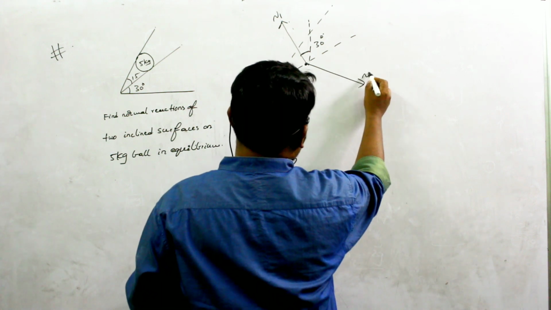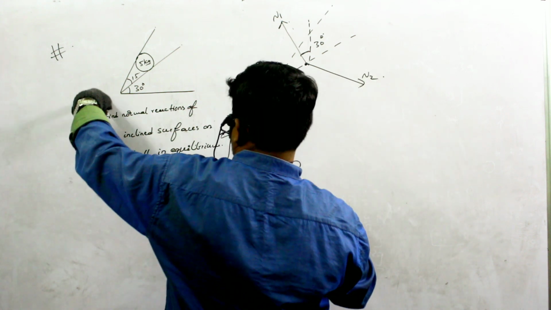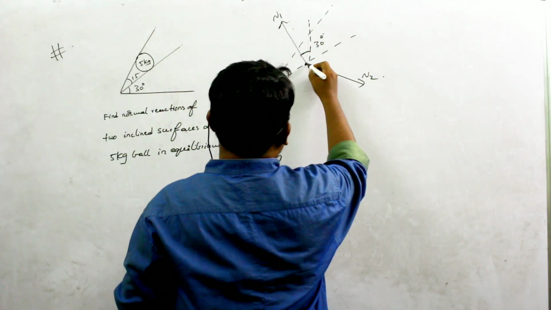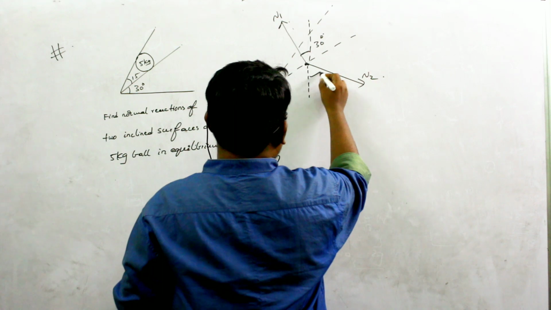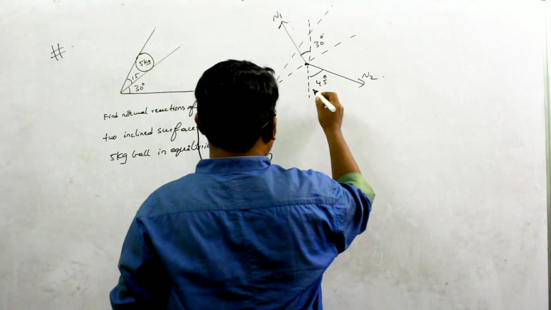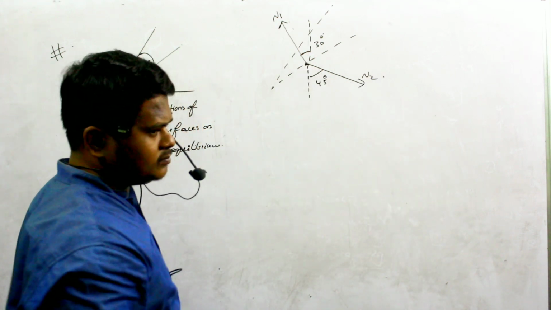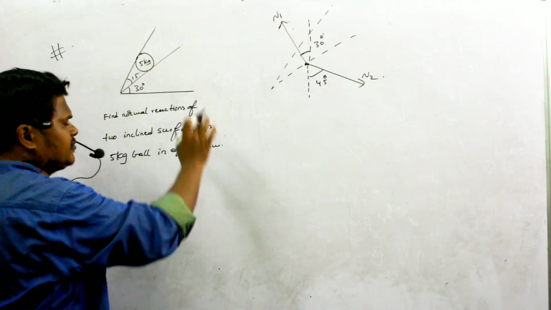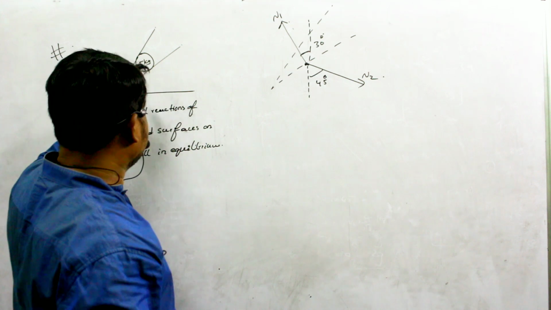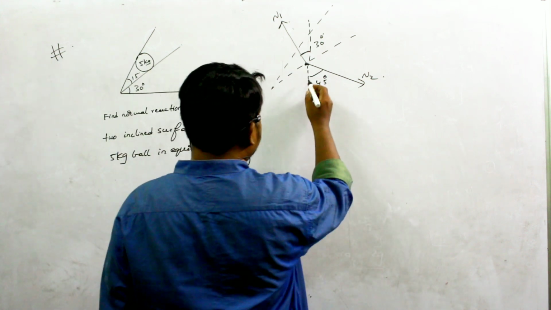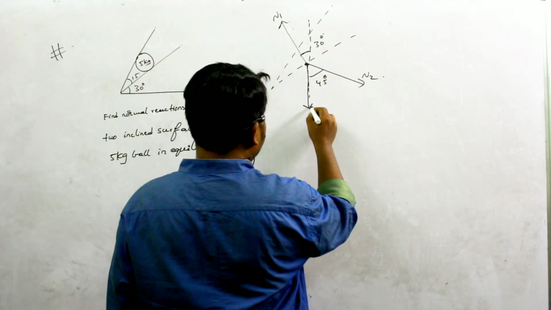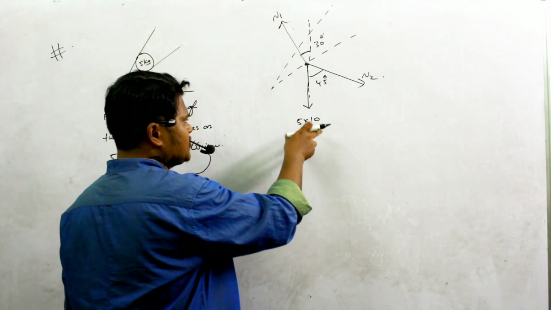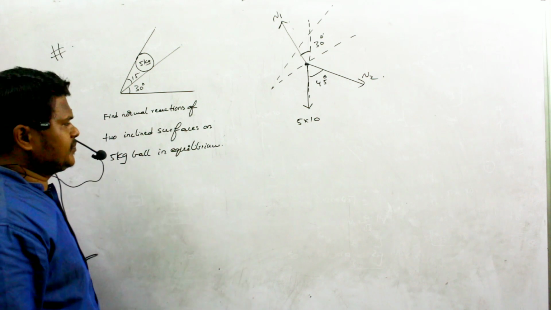This is N2, the normal reaction given by the second inclined surface on the 5 kg ball, again at an angle of 45 degrees. These are the two normal reactions given by the two inclined surfaces. In addition, this ball will have a weight of 5 into g, that is 50 newtons, acting downwards.